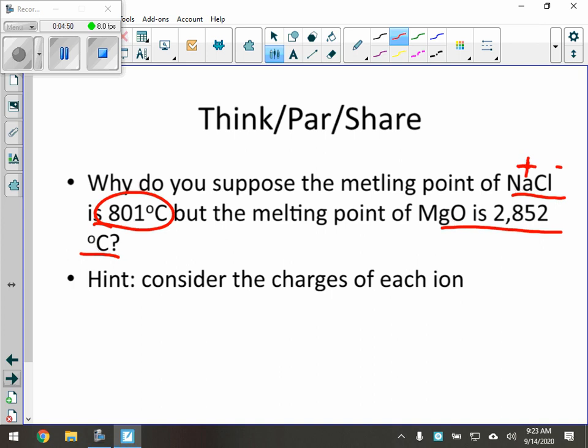This is a 2 plus and a 2 minus. So it technically just sticks together a little bit better. That's all. We don't need to worry about that too much. I guess you can write that down because they ask, why is there a large difference between the melting point of NaCl and MgO? You can just say, based on their charges. Good enough.